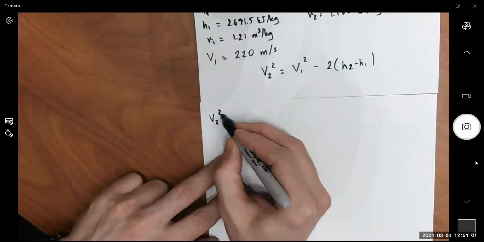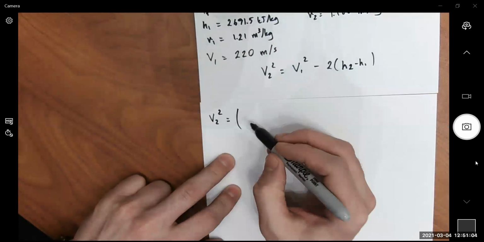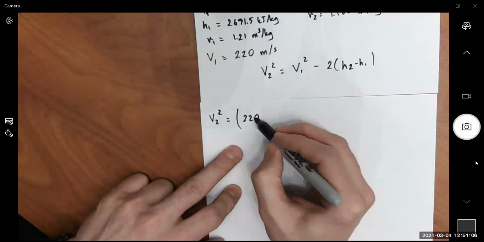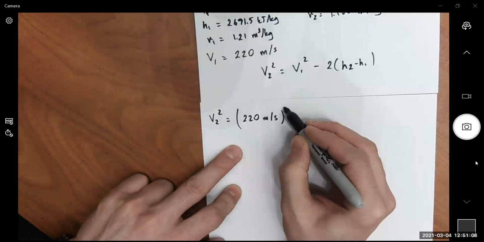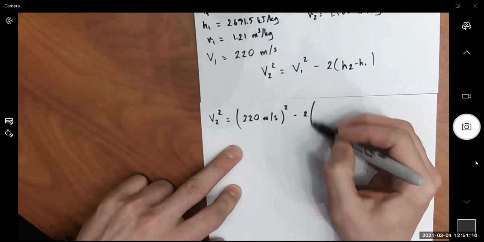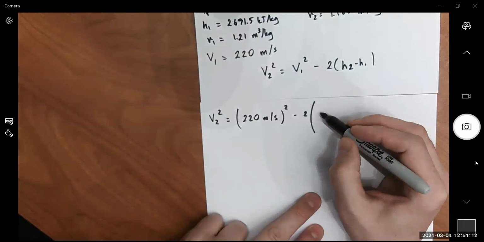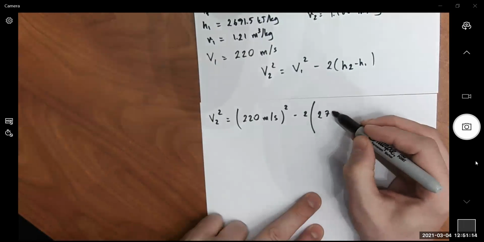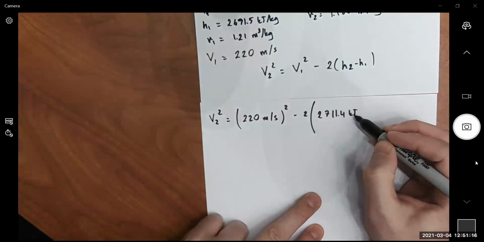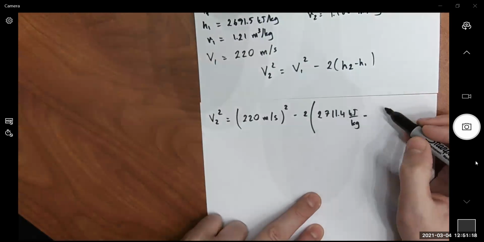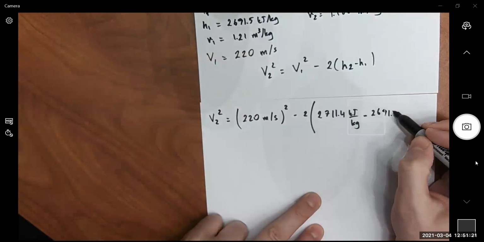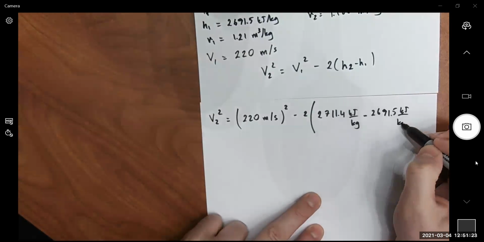From here, velocity at the exit squared will be 220 meters per second squared minus 2 times enthalpy at the exit, 2,711.4 kilojoules per kilogram, minus 2,691.5 kilojoules per kilogram, right?